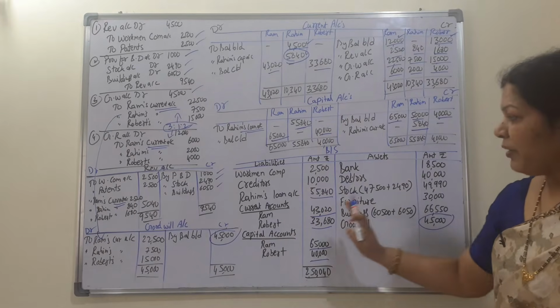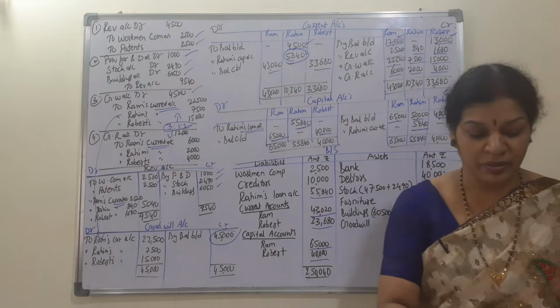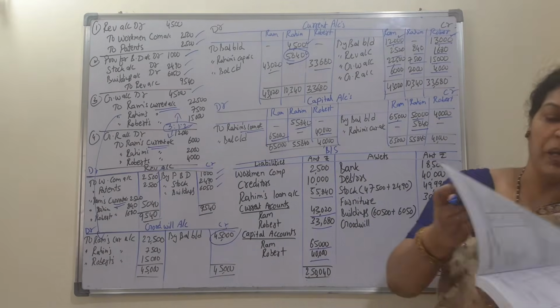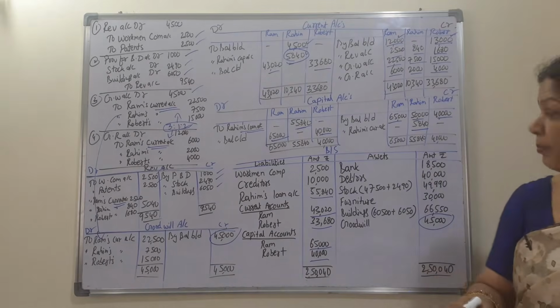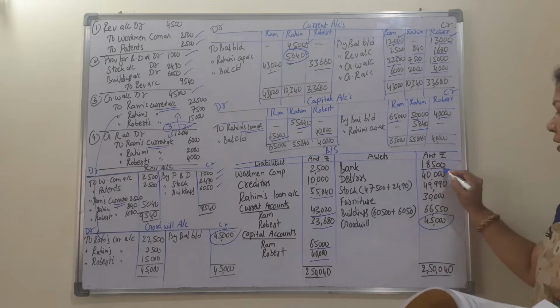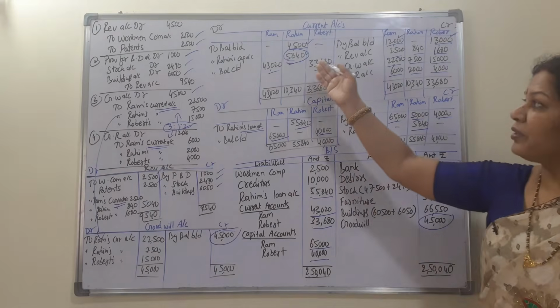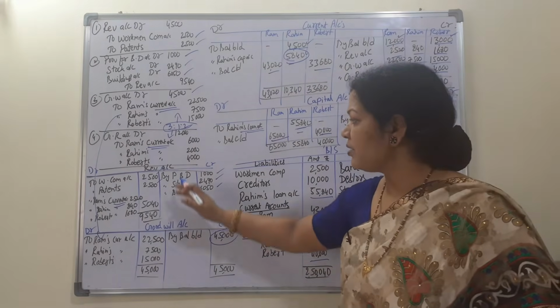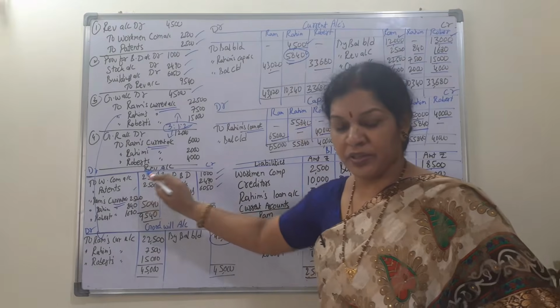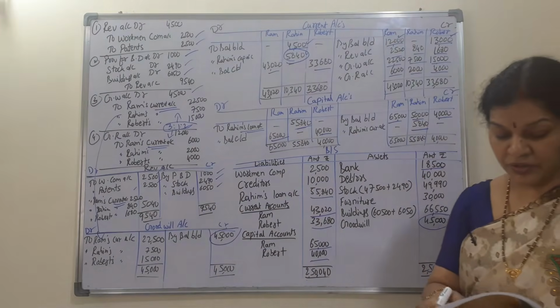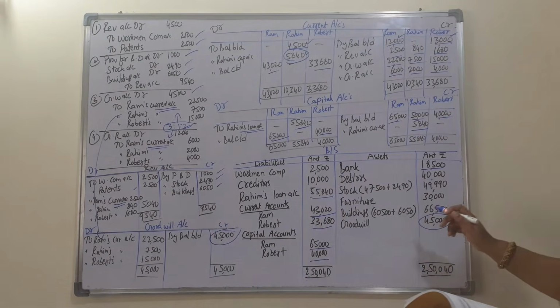Okay. Apart from this, what else is given in the balance sheet? First thing is bank 18,500. Patents we have already written off, so we don't show them in the balance sheet. Furniture 30,000.